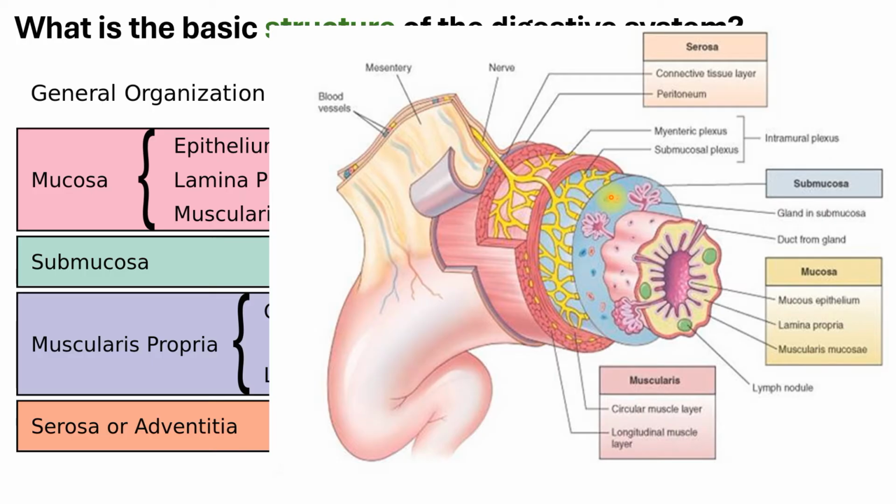Then you would have your muscle layer here, your inner circularly oriented muscle fibers and your outer longitudinally oriented muscle fibers. If you cut it, in the outer longitudinal muscle fibers you can see the cross section of your smooth muscles, and in the inner circular you will see the longitudinal section of your smooth muscles.